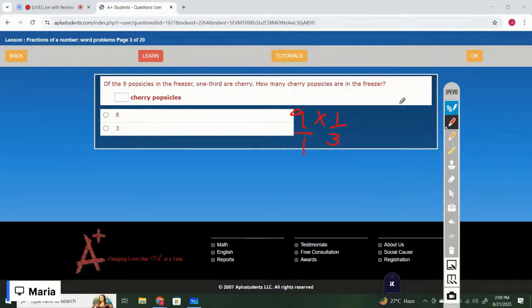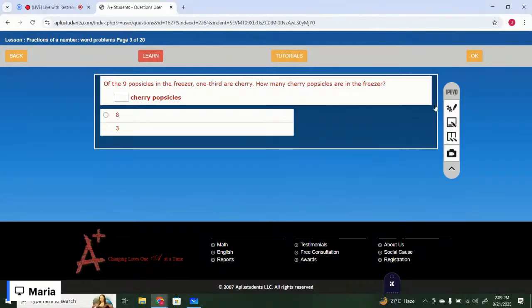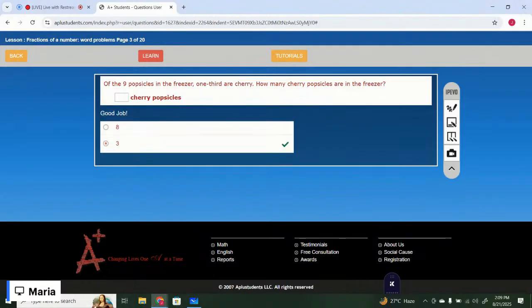One third are cherry. 9 times 1 is 9, 3 times 1 is 3. So 3 times what number is 9? 3 times 3 is 9. The correct option is 3. Option number 2 is the correct option.